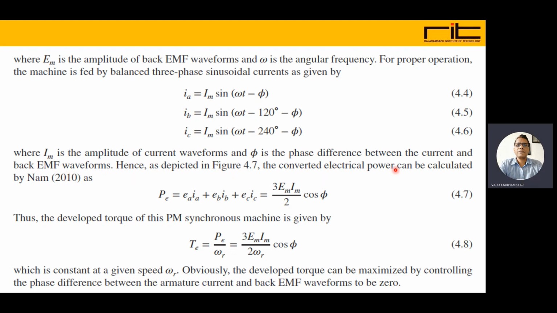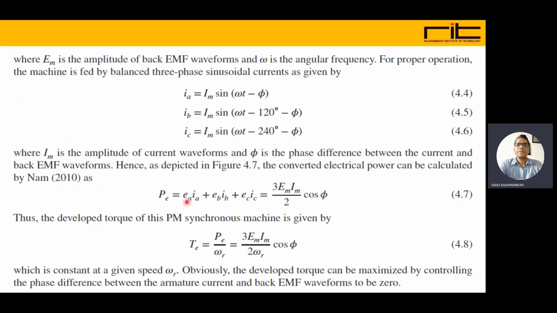The converted electrical power can be calculated by calculating PE, power, which is equal to the product of instantaneous EMF into the current.